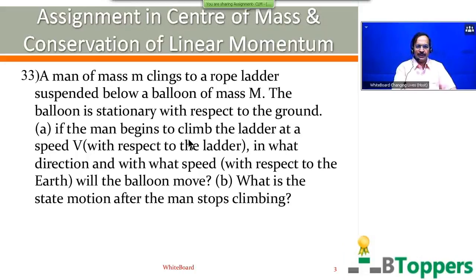Part A of the question: if the man begins to climb the ladder at a speed v (with respect to the ladder), in what direction and with what speed (with respect to the earth) will the balloon move? Part B of the question: what is the state of motion of the balloon after the man starts climbing?